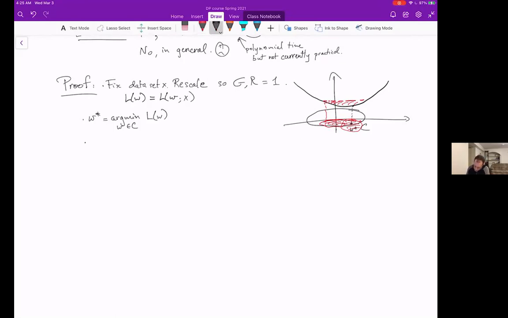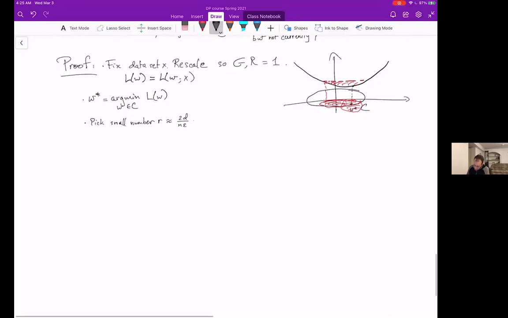So we're going to take a small radius r. How small? Well, we'll see later, but it's going to be something like 2d over n epsilon. But we'll see where that comes in down the road. And we'll define two sets. So we're going to look at our good set.